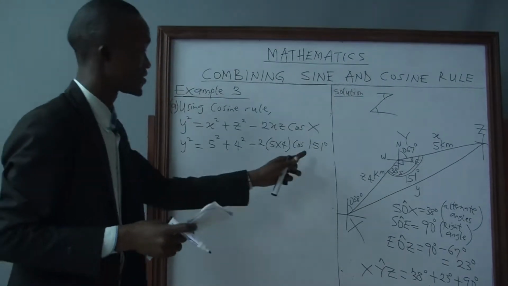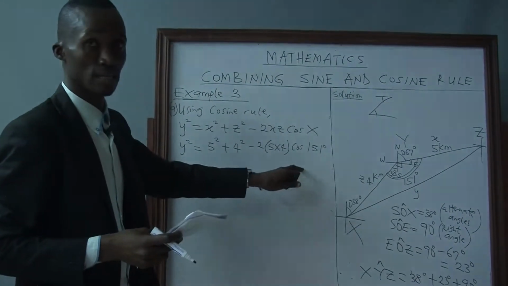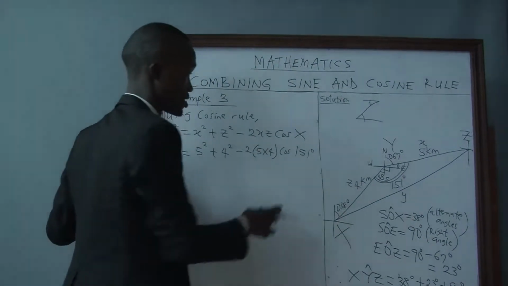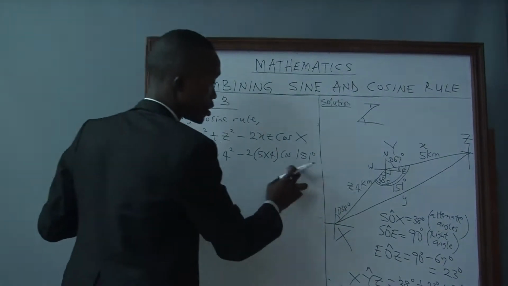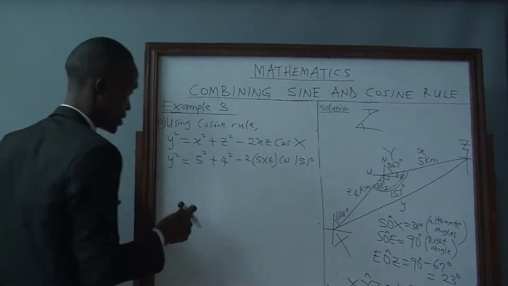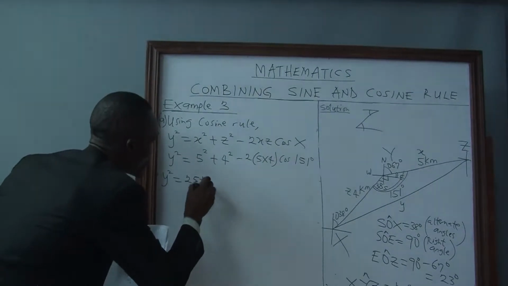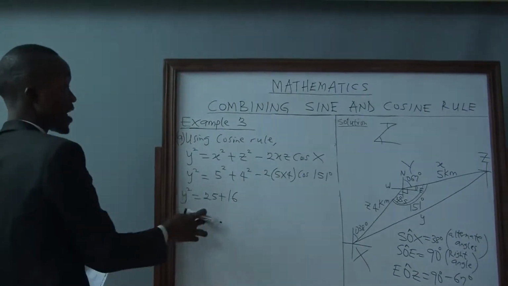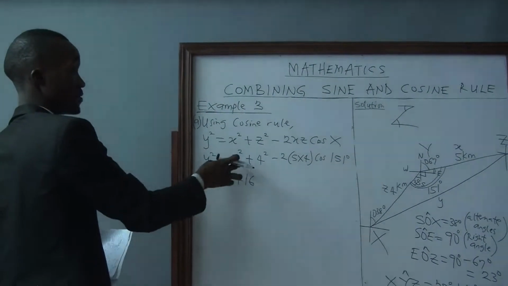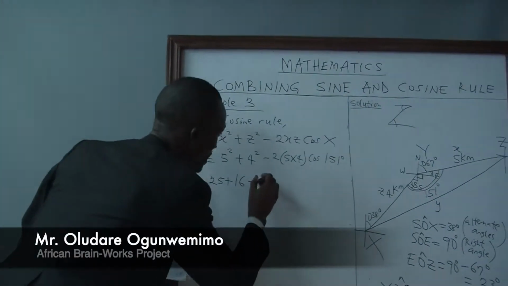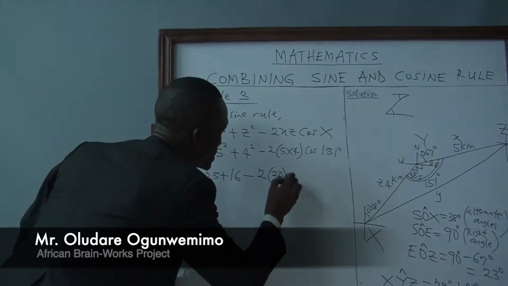If you look at this 151, it is more than 90 but less than 180. So this one is coming from the second quadrant, and in the second quadrant cosine is negative. So we have y square is 25 plus 16. 25 is 5 multiplied by 5, and 16 is 4 multiplied by 4. So minus 2 into 20.